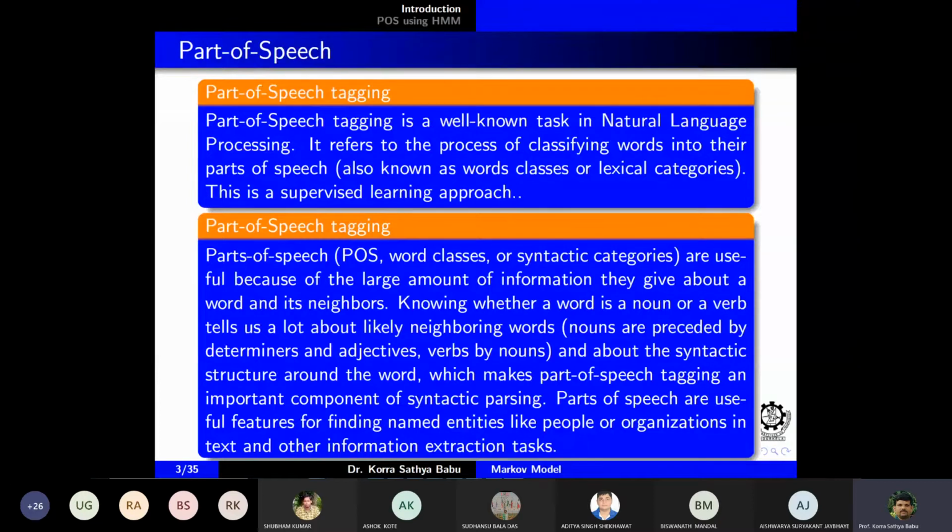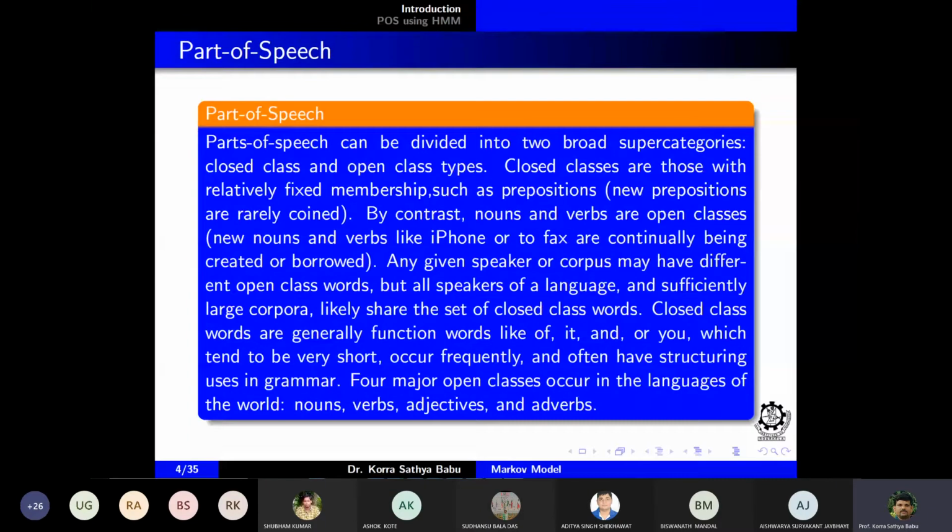So these are continually created or borrowed from other languages, or from some other words. Okay, it is being done like that. So that's why they are called open categories. Any given speaker or corpus may have different open class words, but all speakers of the language and sufficiently large corpora likely share the set of closed class words.